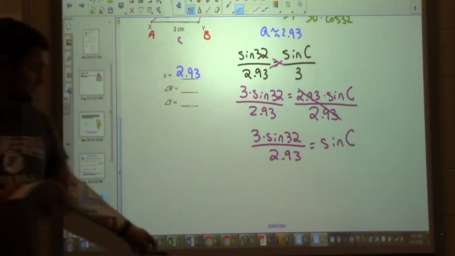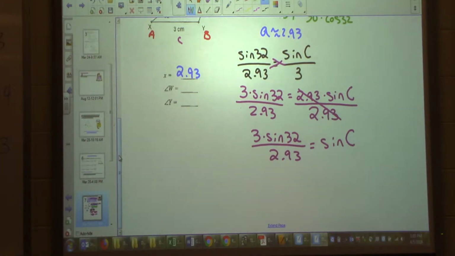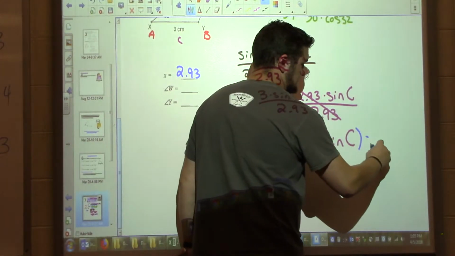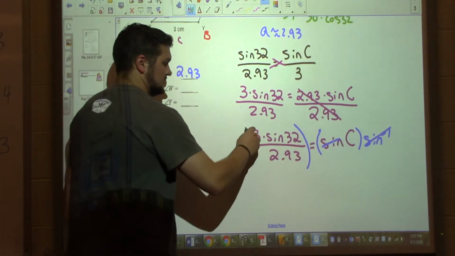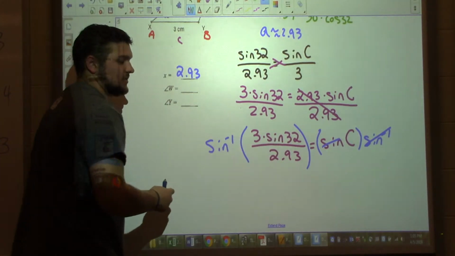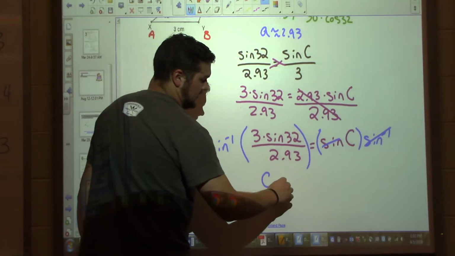So how do I go from sine of C to just C? Inverse. Do the inverse sine, right? So whenever we're looking for an angle, we're going to have to do an inverse sine. So take the inverse sine of both sides. They're going to cancel. So the inverse sine of 3 times sine of 32 over 2.93, and that's an angle.